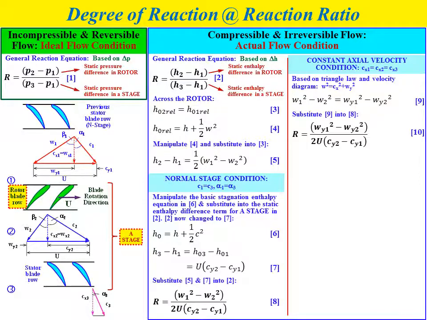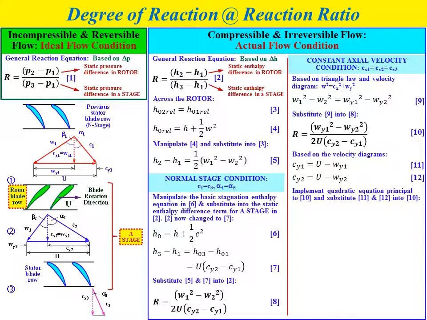Substitute equation number 9 into equation number 8. So we get another new expression for degree of reaction where R equals Wy1 square minus Wy2 square divided by 2U multiplied by Cy2 minus Cy1, represented by equation number 10. Based on the velocity diagrams in the figure, we know that Cy1 equals U minus Wy1, equation number 11, and Cy2 equals U minus Wy2, equation number 12.